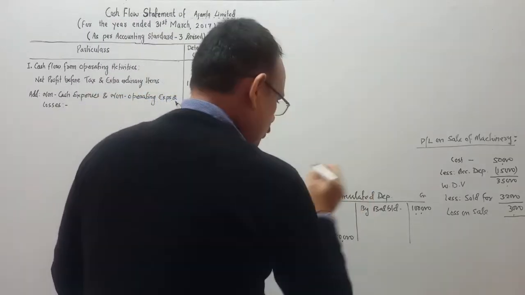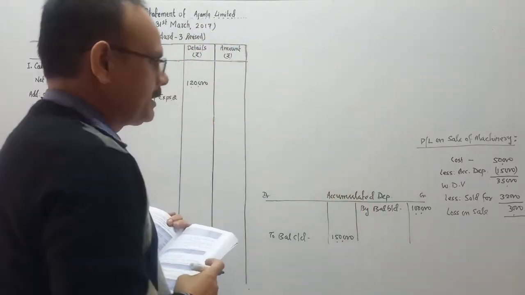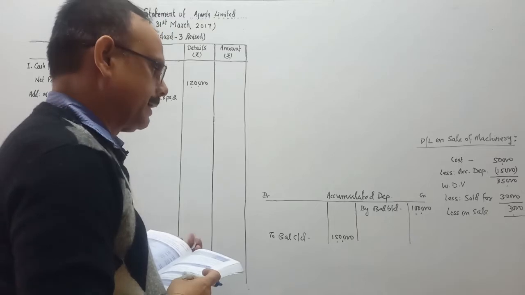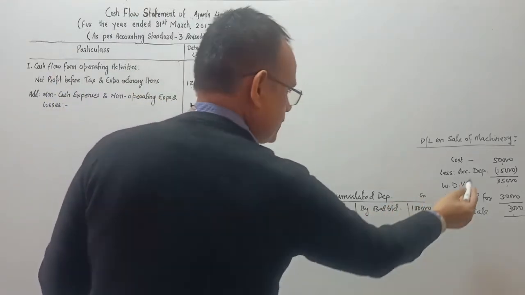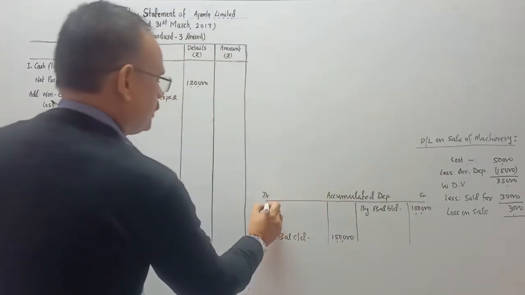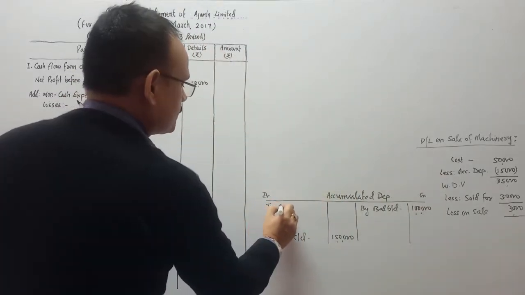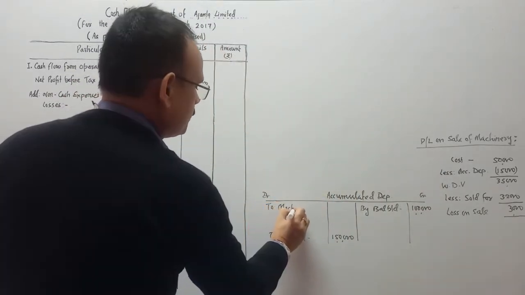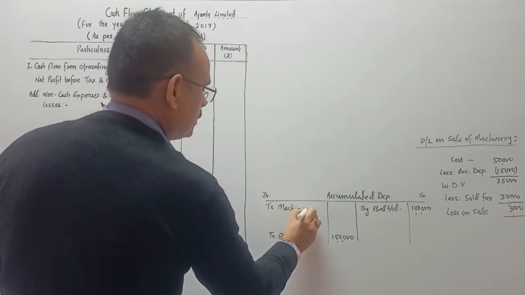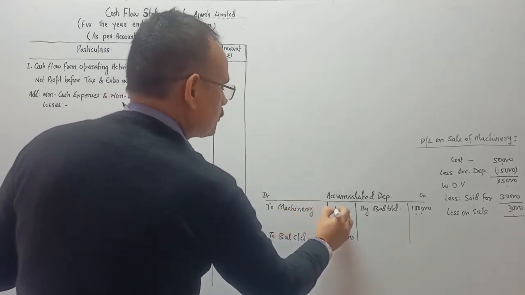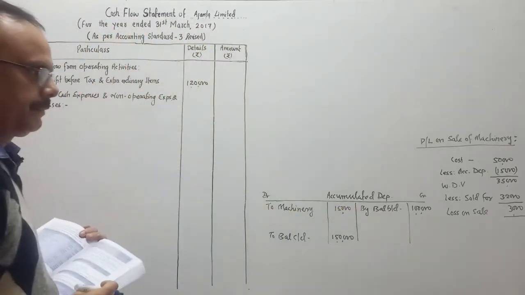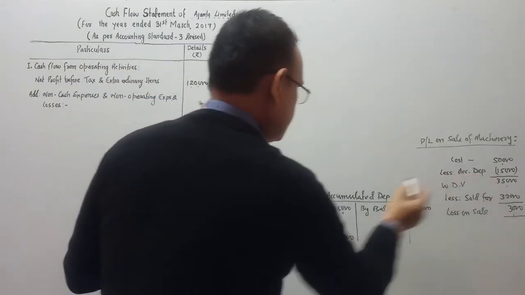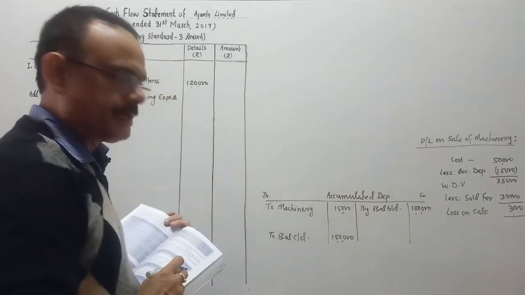So in the accumulated depreciation account, the machine which was sold, whose depreciation is 15, you write over here to machinery account, the depreciation of that machine is 15. Yes, we will post this amount in the accumulated depreciation.